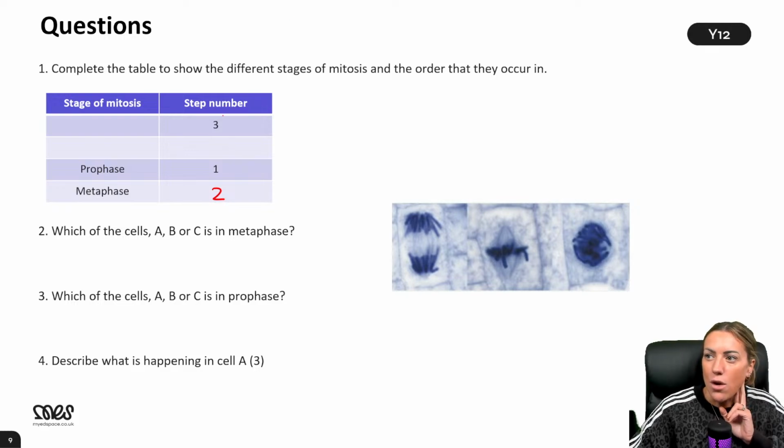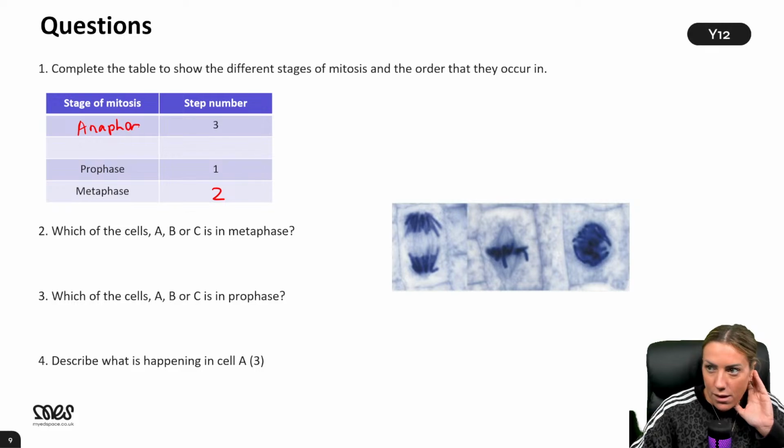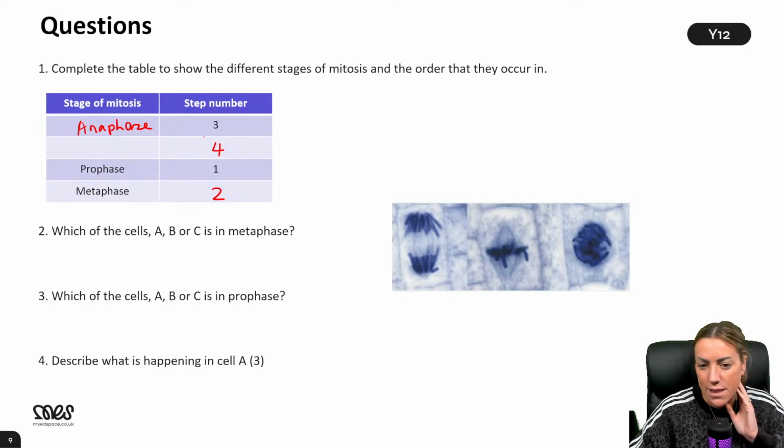Okay, so what would be phase number 3 then? We need the name of the stage for stage number 3. Okay, good. And then obviously we need to fill in number 4. So what would the final stage of mitosis be? Good. Okay, so nice and easy, but this is very similar to what was on a past paper. So you can get some nice questions like that.